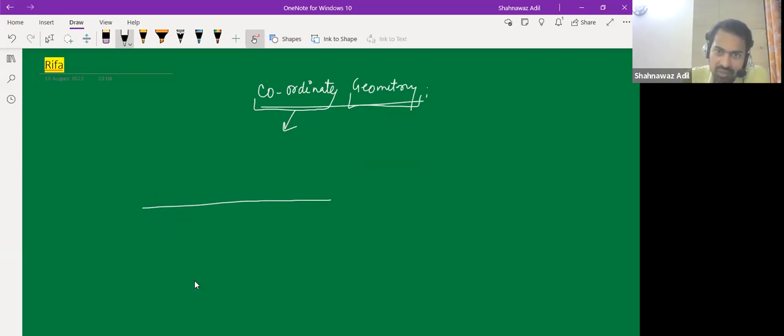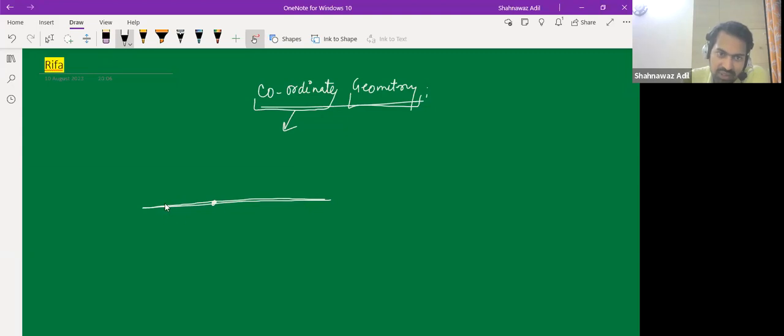So I have this line. If I want to represent some location on this line, I only need one thing, one coordinate, to represent the location. Let's say I want to locate this point.